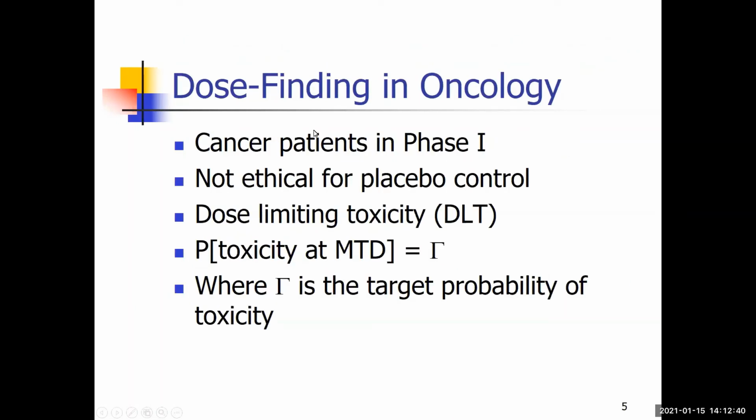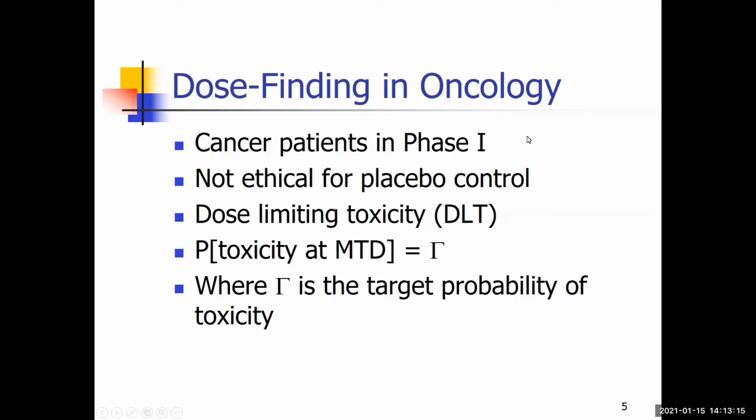So in oncology, I think we are focusing more on escalating the dose up to some toxic dose, because in oncology, what they believe, especially in chemotherapy, is that you want to have the dose high enough so that you can kill cancer cells. Now, if you can kill cancer cells, it can be toxic to your ordinary cells also.